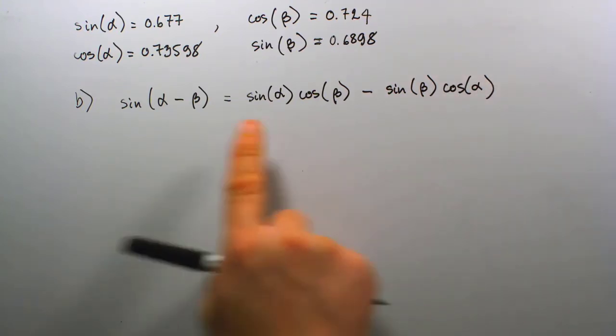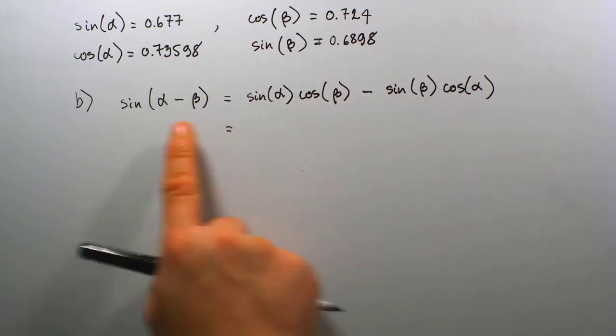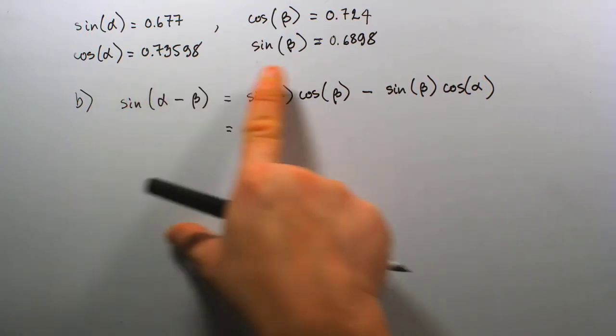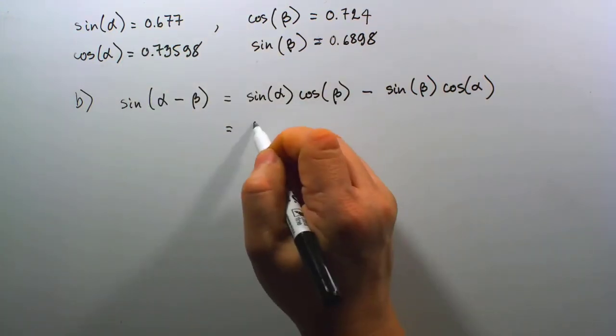And now, once again, once we have written out the identity, everything is ready for us here. Sine of alpha is 0.677.